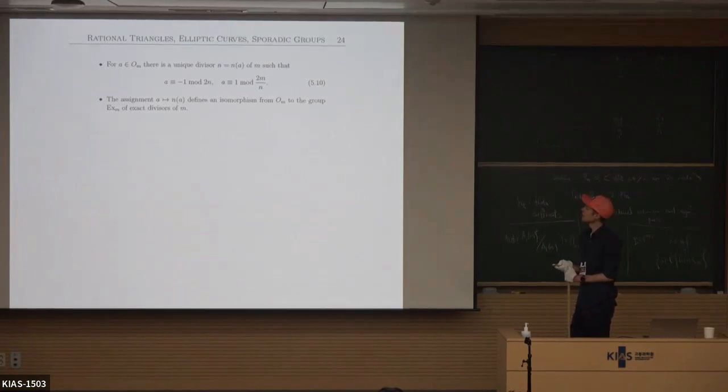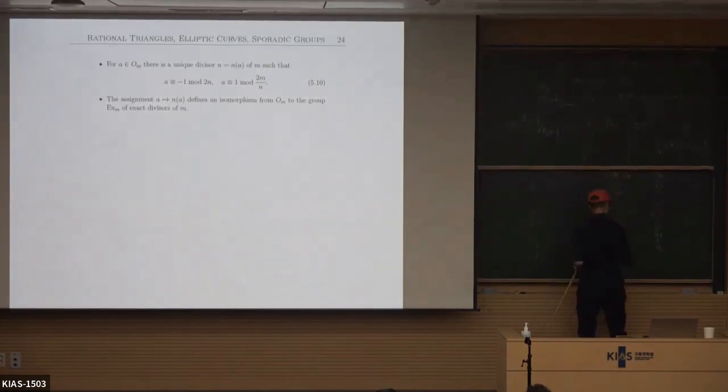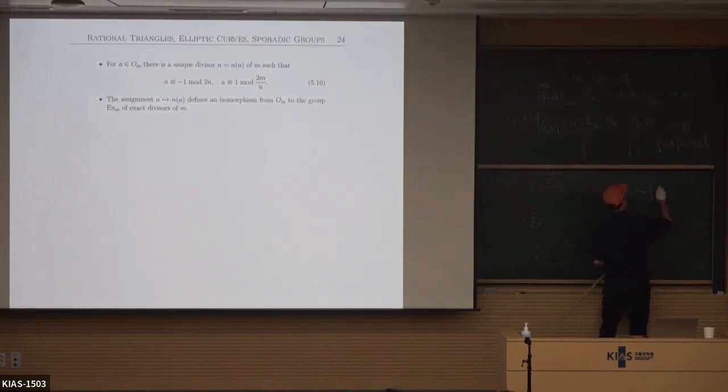The exact divisors of M are the divisors N of M such that N and M over N are co-prime.